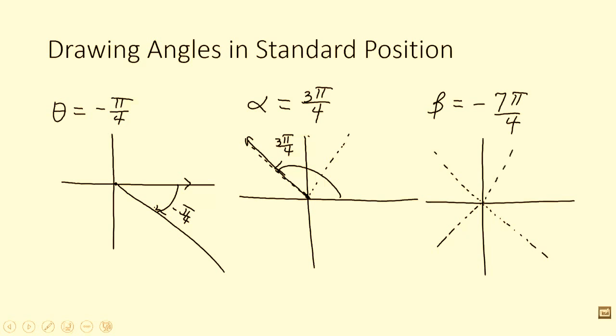This is a negative pi over 4, a negative 2 pi over 4, 3 pi over 4, 4 pi over 4, 5 pi over 4, 6 pi over 4, and this is the terminal side of 7 pi over 4. So this is theta is a negative 7 pi over 4.